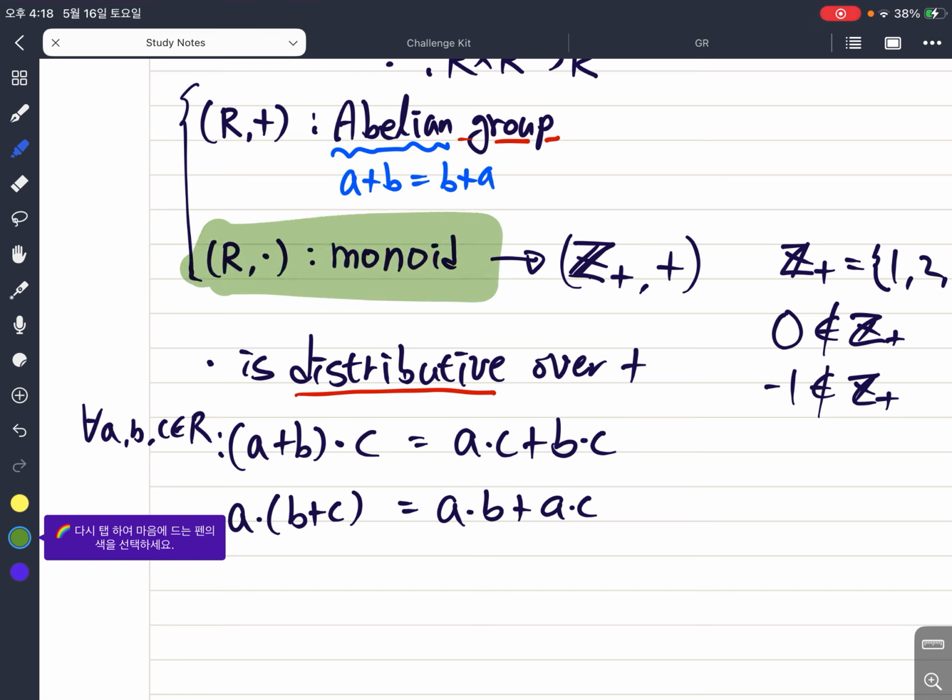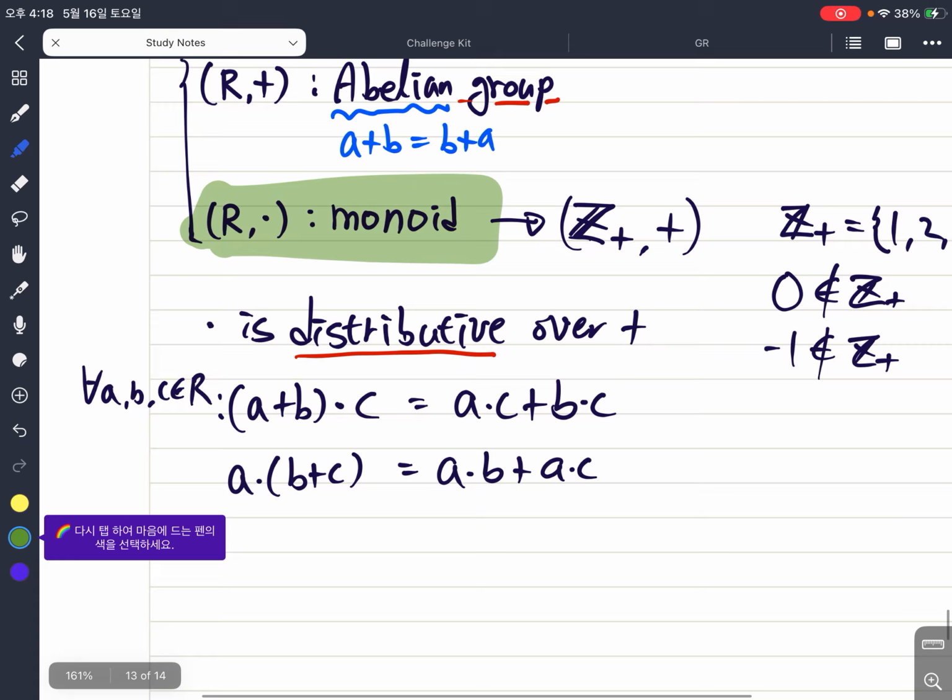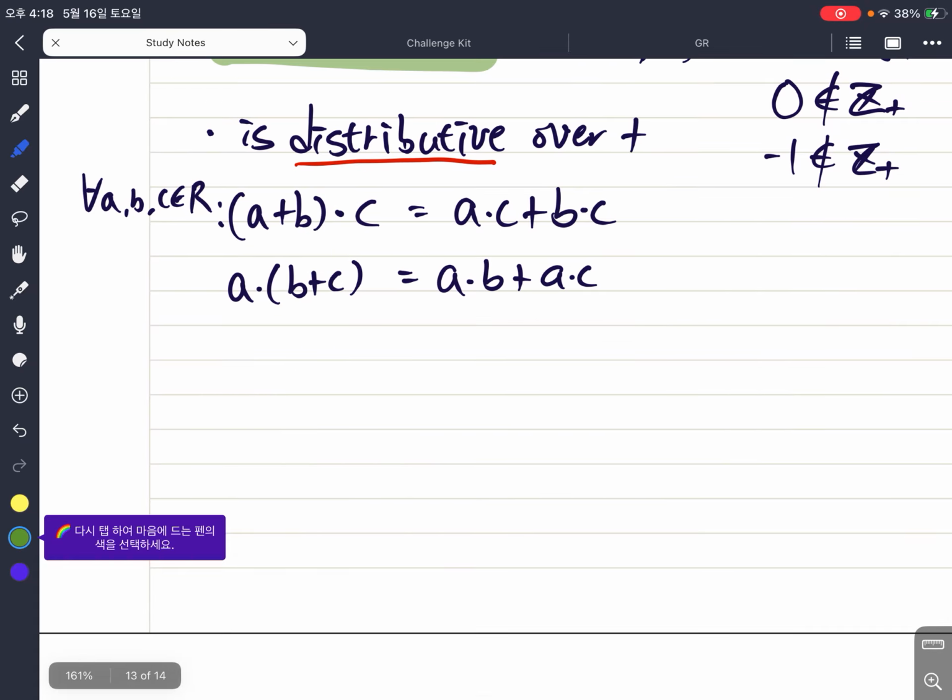If we force this monoid to have more properties, we give some special name to it. For example, if this dot is commutative.